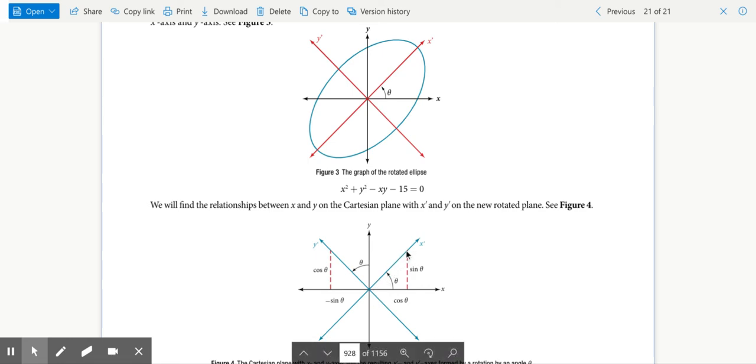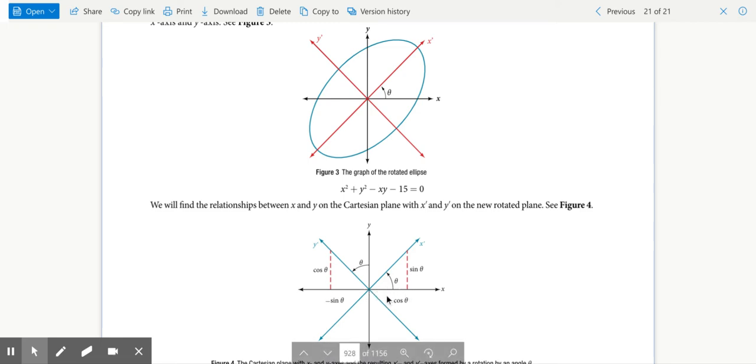When it was a unit circle, this distance was always 1, so this was just sine theta. But if this is not a unit circle, then you have to multiply by this distance. So this distance times sine of theta would give me this distance here. And then this distance times cosine theta would give me this distance here.